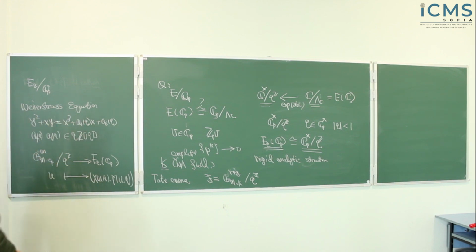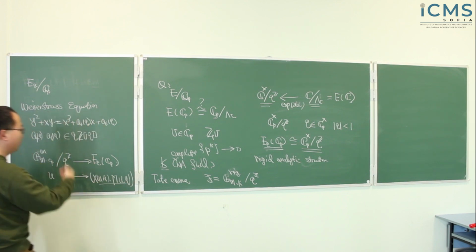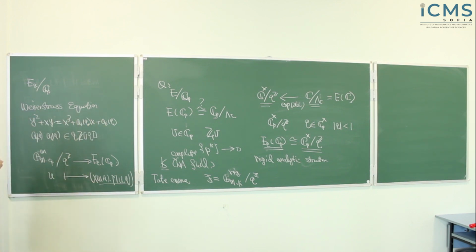This is the same as in the complex case, because this is a formal power series, so it also works inside C_p. So this is how Tate originally thought about using the non-Archimedean torus quotiented by q^Z to get the C_p points of the elliptic curve over Q_p.